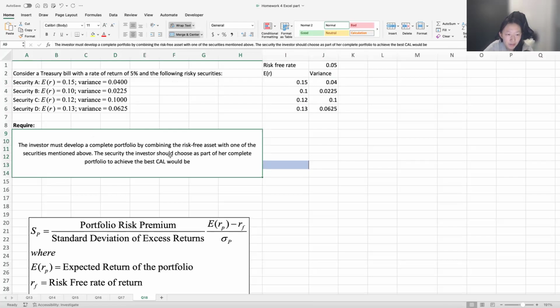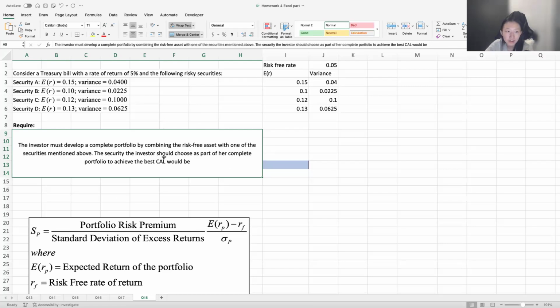The security that the investor should choose as part of her complete portfolio to achieve the best capital allocation line will be the portfolio that connects the risk-free asset and the risky asset, and the slope should be the highest. The slope happens to be the Sharpe ratio.